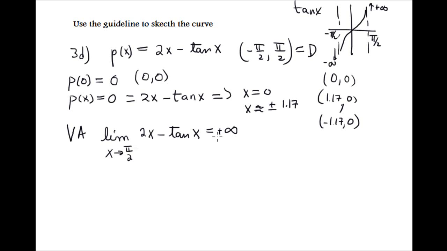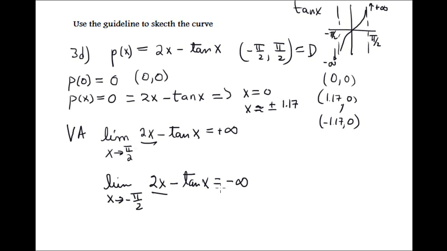That is the reason for positive infinity. And the limit when x approaches negative pi over 2, this part is not important, it's totally irrelevant. The important part in this interval is tangent, and this part is negative infinity. Okay?